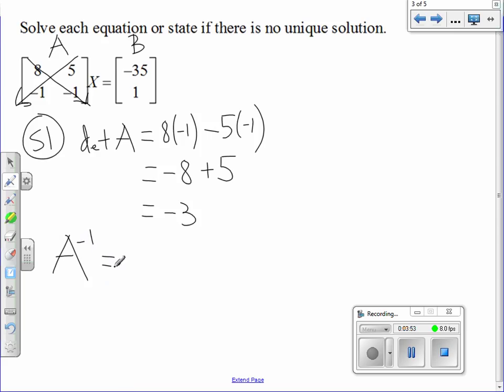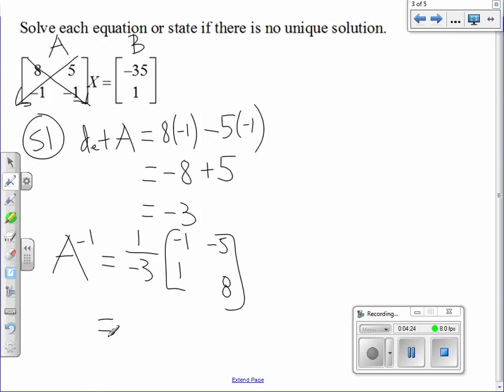The inverse says, stick the determinant under 1. In our original A matrix, we switch 8 and -1. -1 is now in the upper left, and 8 is now in the lower right. The 5 and the -1 stay where they are, but they pick up the opposite sign. 5 becomes -5 and -1 becomes +1.